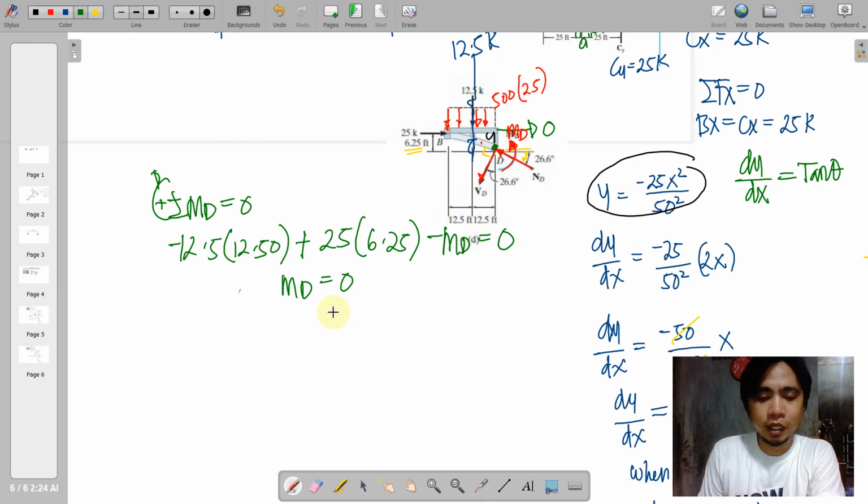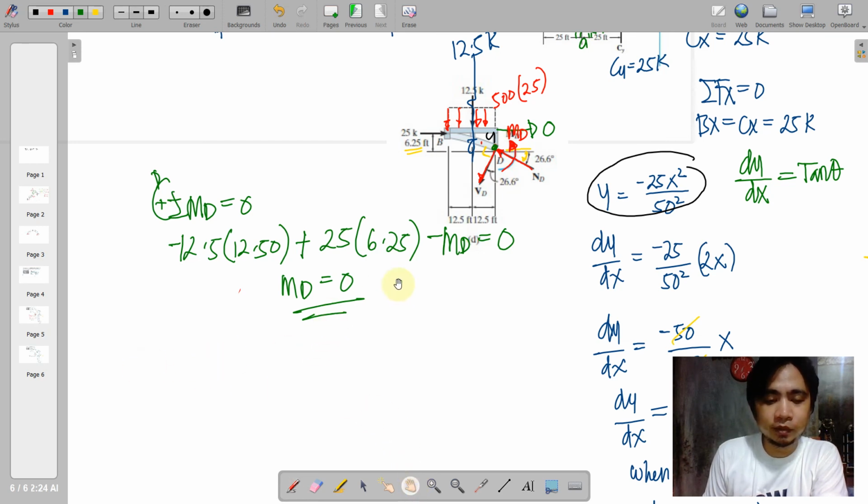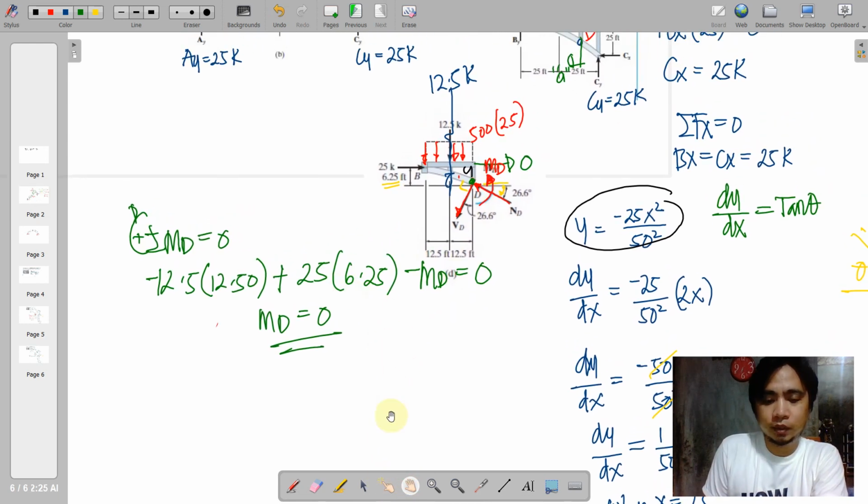And actually we will end up with a value equal to 0. So that is why you have just proven that your shear here is negligible, as well as the moment will be equal to 0. So in most cases, your bent member here will tend to have a normal force, that is an axial force actually. So ND is the normal force at the slope D. So that is for this problem. Let us try another one.